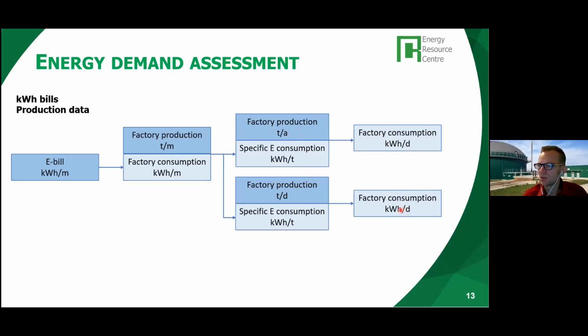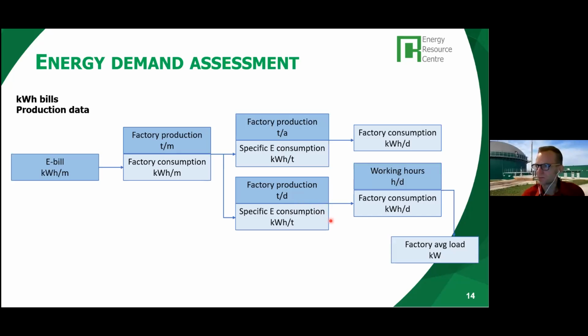It's good to understand that if you have variation in daily outputs, that you may arrive in the end at maximum daily energy consumption also, so that you can see if there's a large variation in that as well.